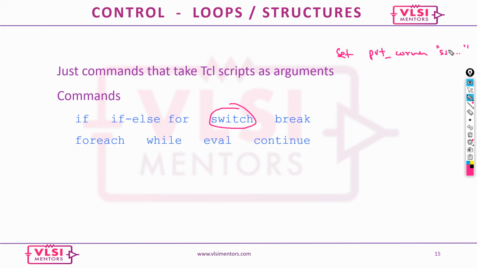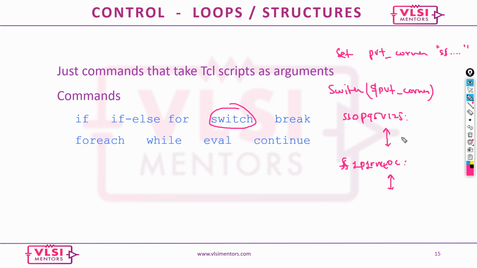Now switch $pvt_corner. If it is ss 0.95 volt and 125c, you define your uncertainty something different. Now ff, 1.1 and n40c, define a different uncertainty. So you can use this switch case to define your uncertainty.